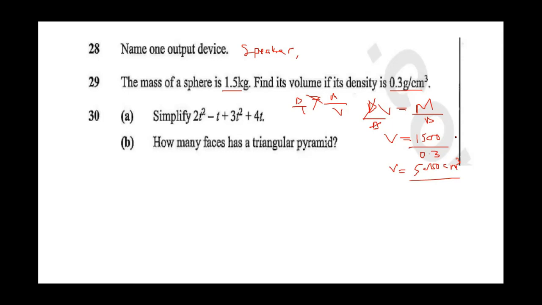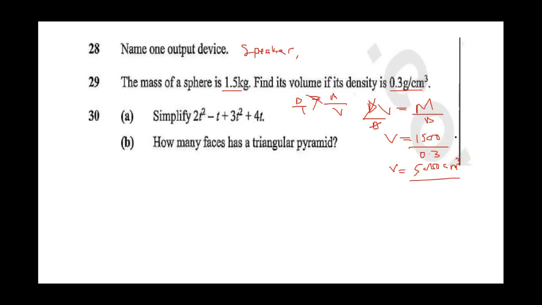The next question reads, simplify 2t squared minus t plus 3t squared plus 4t. All right, the first thing you remember is grouping the like terms.